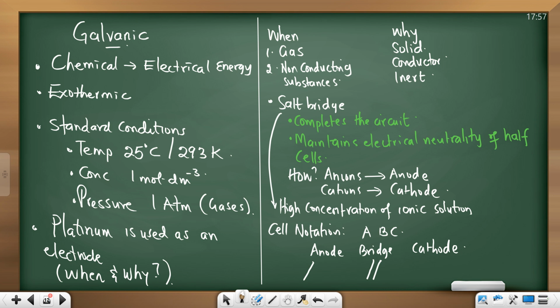When do we use it? They will ask you, what's the purpose? This is for a phase change. That is, if I have a solid and an aqueous, I'll put it there. Phase change. Lovely.